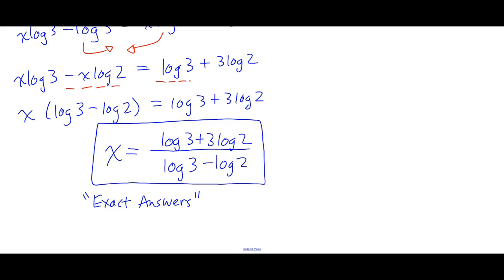On the other hand, they may want you to do a decimal answer, and I think you're probably more comfortable with the decimal answer. You probably feel like this problem isn't finished yet. So if the question wants you to round to, let's say, 4 decimal places, well, then you've got some more steps to go through.